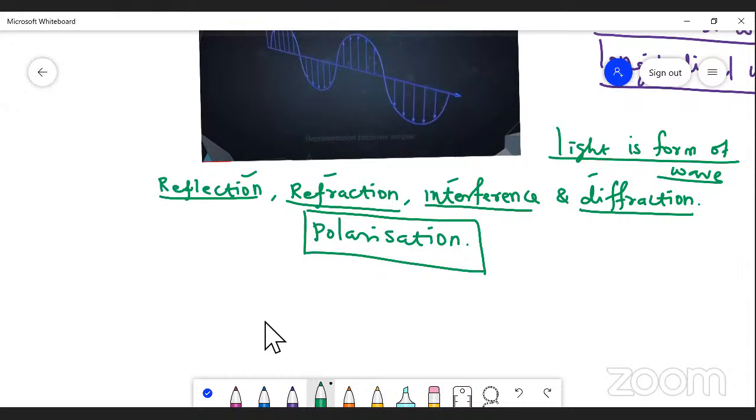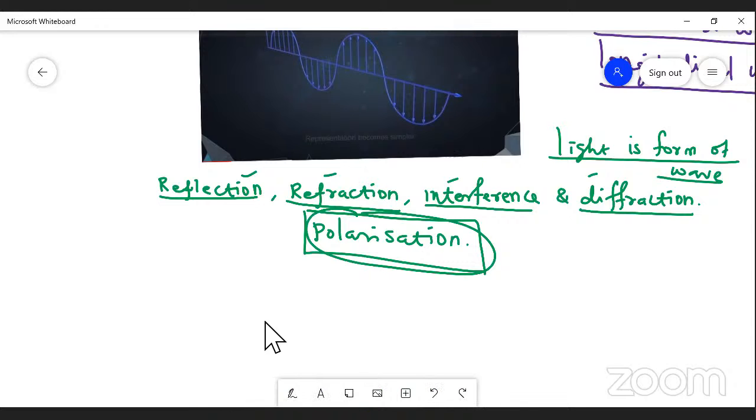Right? So in this class, we are going to discuss polarization.